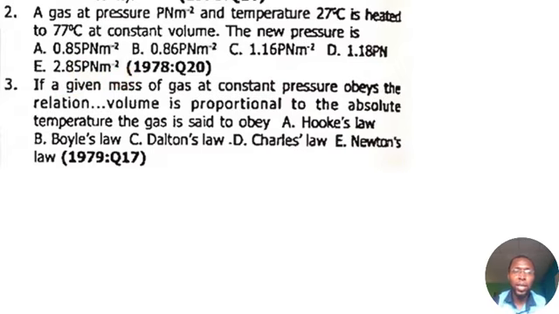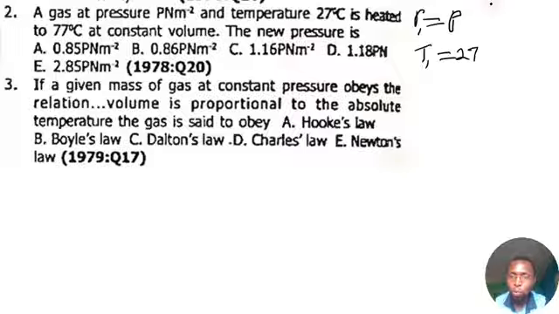Let's take it one parameter at a time. Going back to the question, it says a gas at pressure P. That's the initial pressure, so let's say that's P1. We are given P1 to be P, and let's just leave the unit. The initial temperature, T1, equals 27 degrees Celsius.